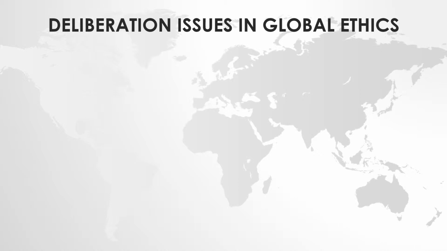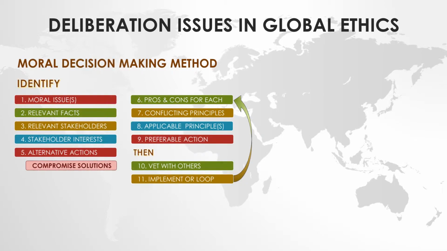Now, decision-making in global ethics begins the same place that organizational ethics decision-making in general began, with the moral decision-making method we learned in Lecture 2B. As you may recall, we distinguished between the steps in the two columns of this method.